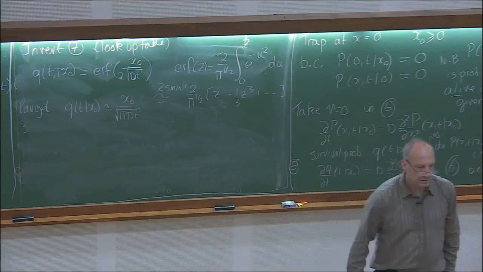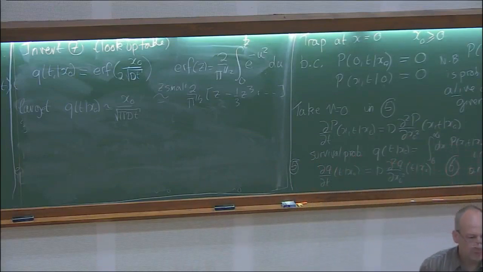Well, the survival probability decreases to 0 when t goes to infinity. So it's like the fly will eventually get caught in the trap after a long time. That's fine, but now let's think about the mean time for it to get absorbed.